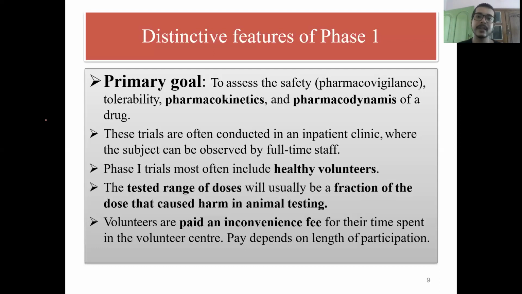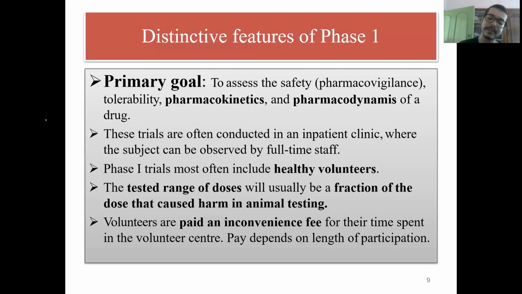All this clarification will be written there, and it will be written that if any problem happens, the responsibility goes to you, because after knowing all these things, you are agreeing as a volunteer, right?